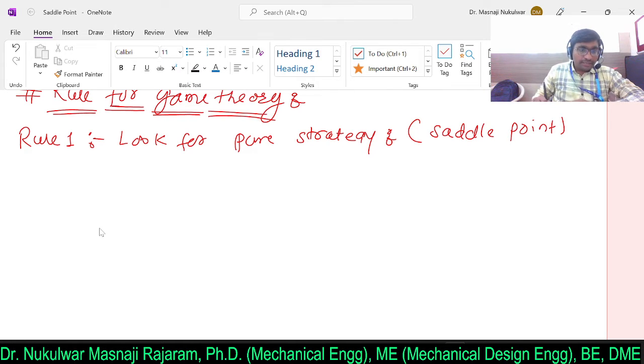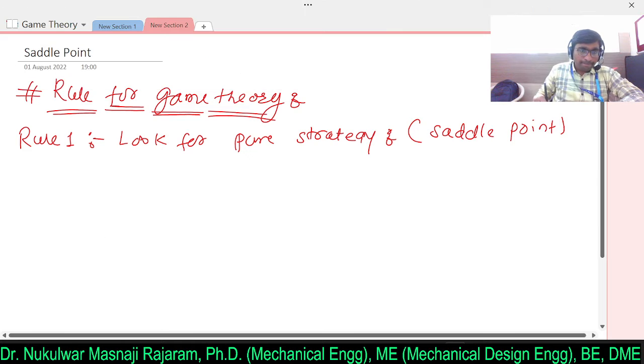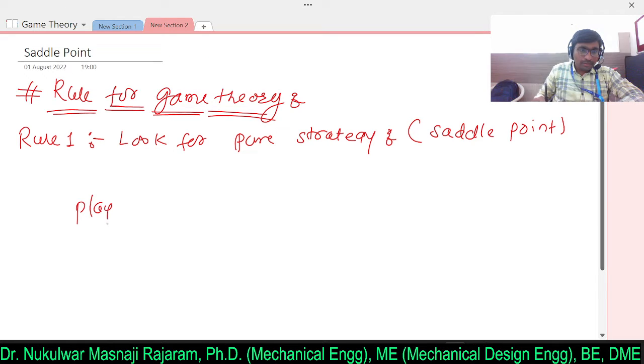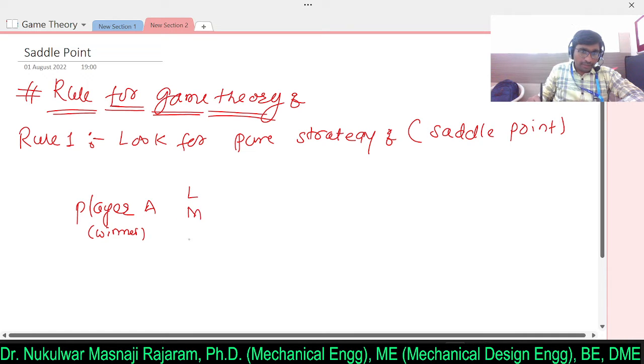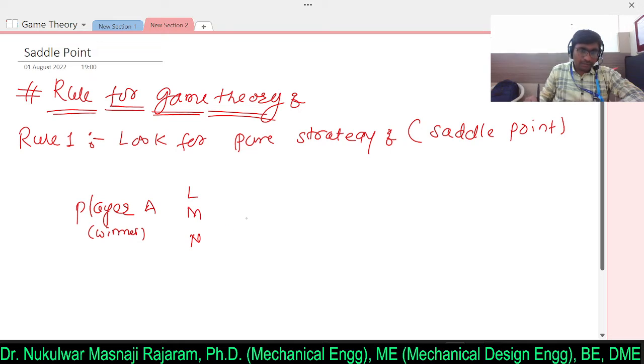Now here I will consider player A. This player A I will consider always the winner. Clear? Now this particular A has three different strategies, that is L, M and N. Clear?